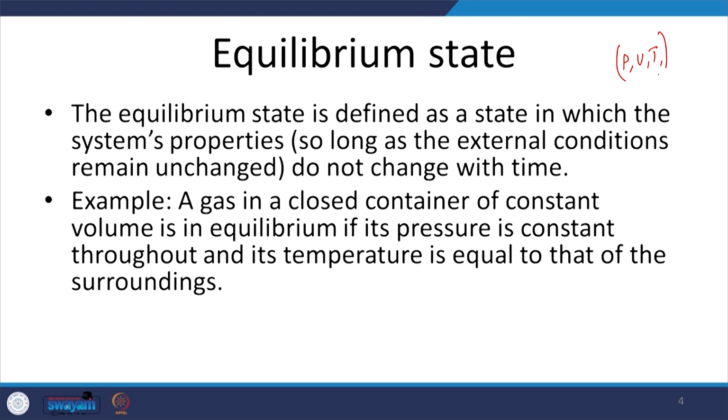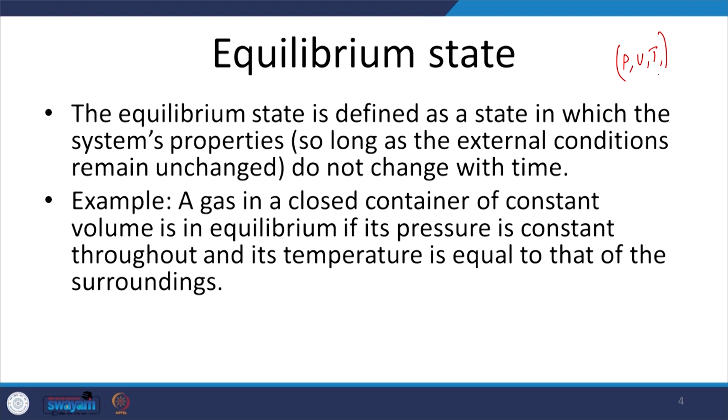If you have a closed volume of air, it will exhibit some pressure, and this pressure is a function of the temperature of the gas and of the container itself, right. Now if the system is exchanging energy with the surroundings, that means there is a gradient in the temperature, and the temperature is bound to change.